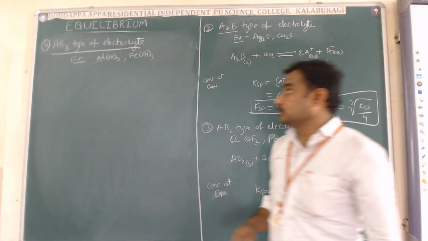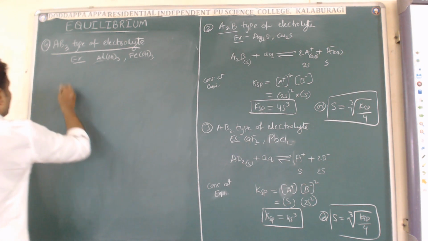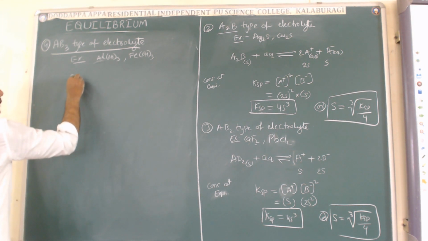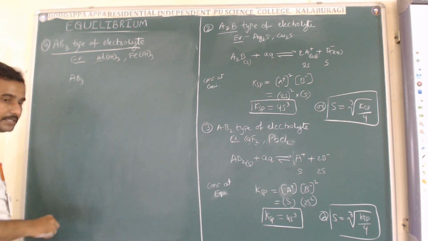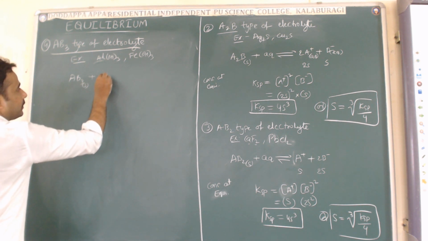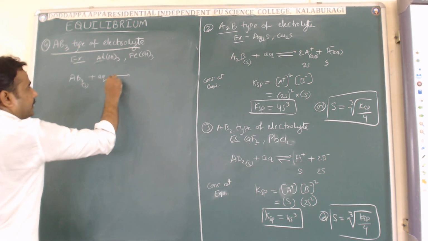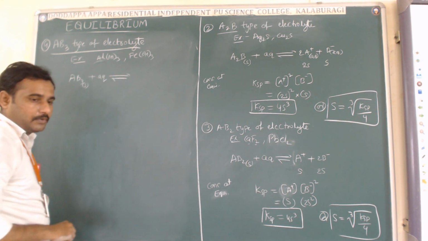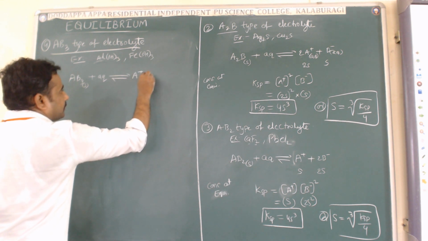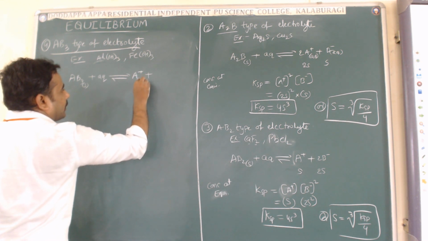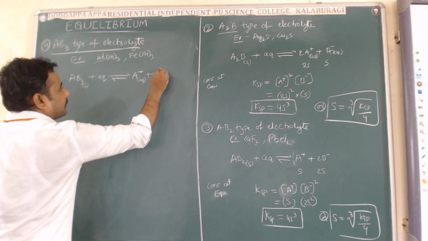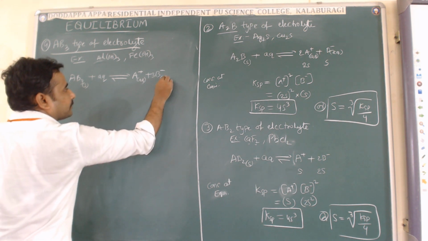So when they undergo dissociation, the same process you have to run. When this AB3 type of salt, in solid form, is dissolved in water in aqueous form, it splits into A plus and 3B minus.